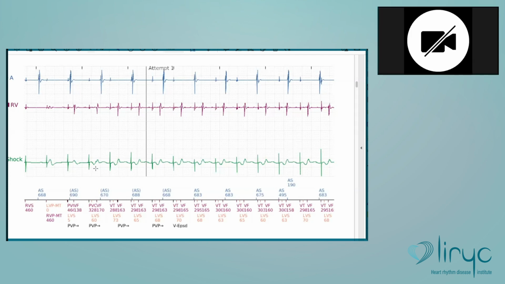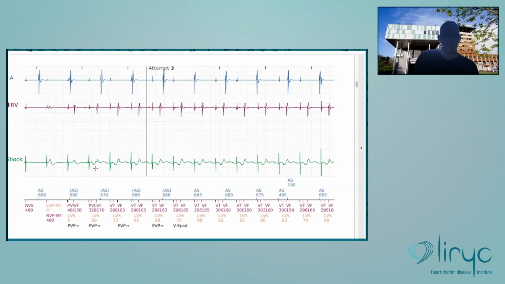There's some kind of double counting on the bipolar ventricular channel. It looks like P-wave double counting. It may look like it, but it's not, if you look more precisely.